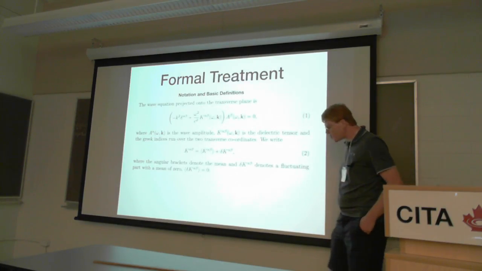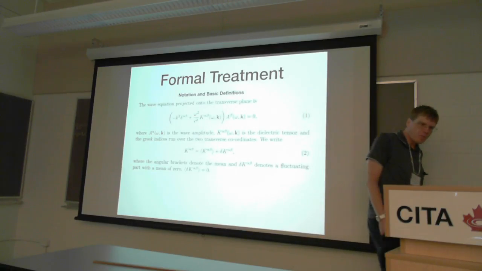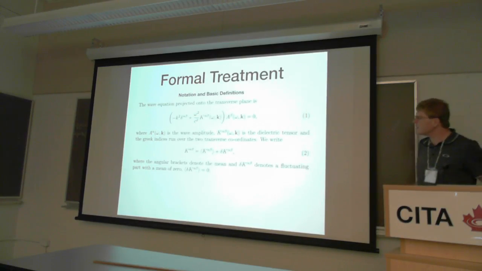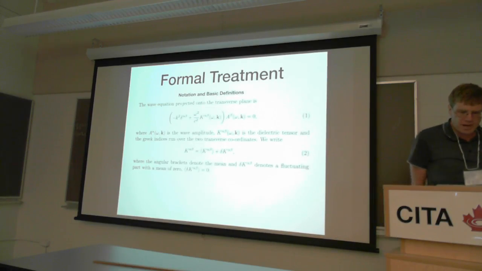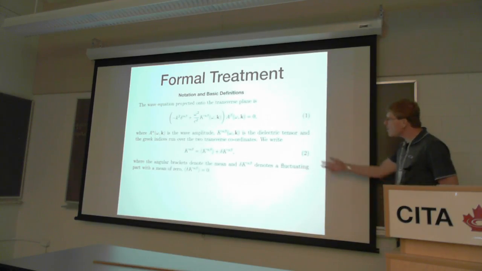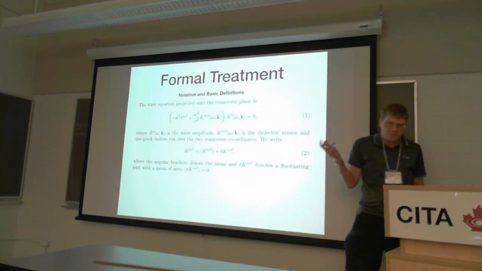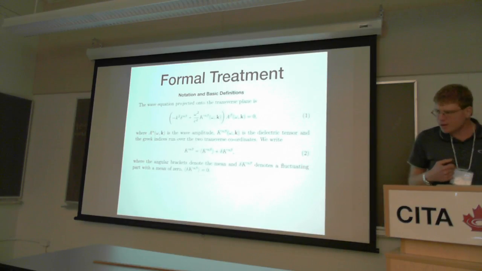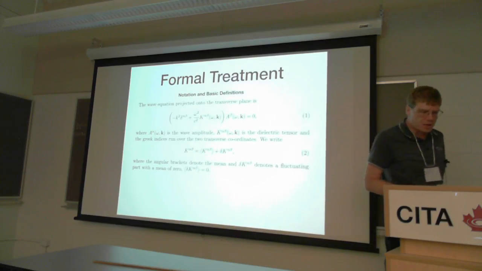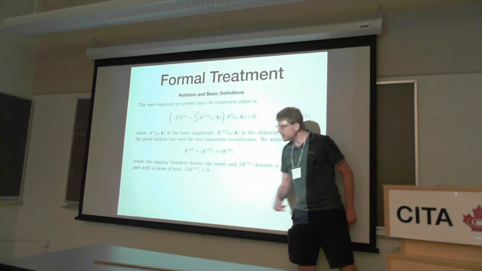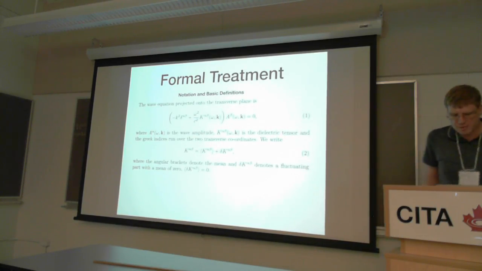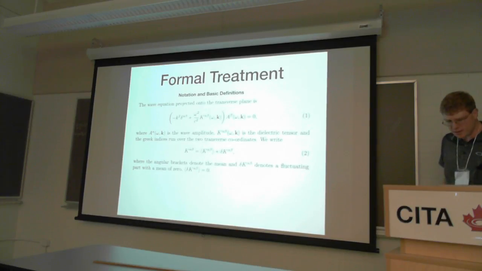But what happens if you try and incorporate it in the theory? Well, here in its glory is the wave equation projected onto the transverse plane, and we have some dielectric tensor that we get from plasma theory, and we can write that as some mean contribution and some fluctuating contribution, and we'll take the mean of the fluctuating contribution to be 0, and carry that forward in the theory.